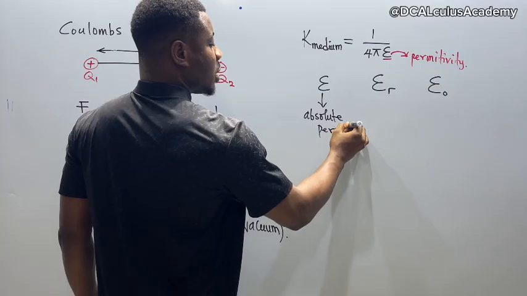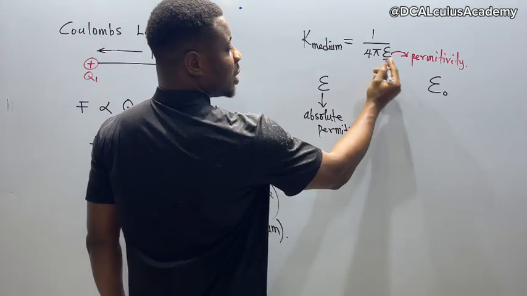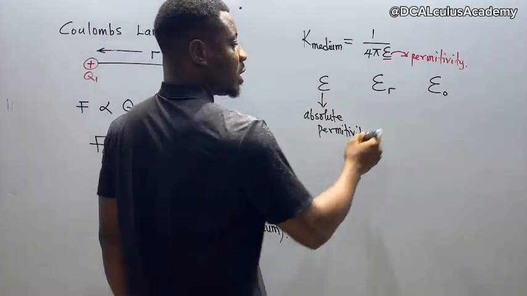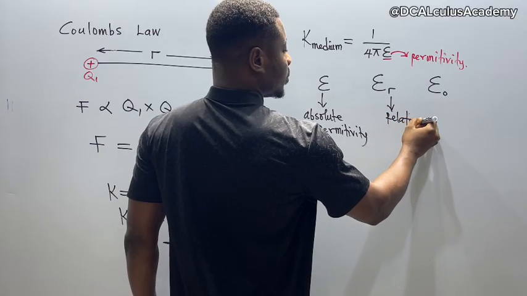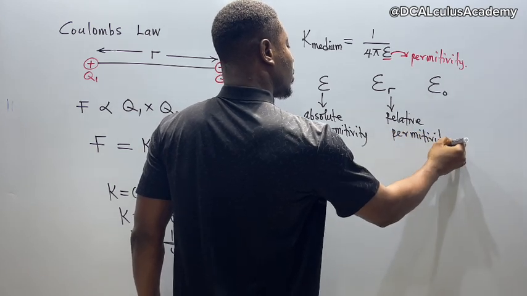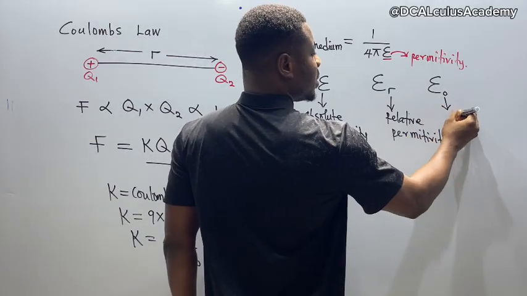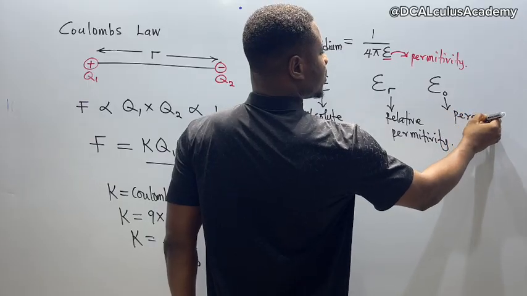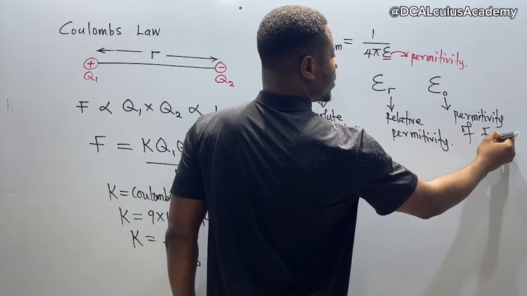When you see epsilon r, it is called relative permittivity. When you see epsilon naught, it is called permittivity of free space.